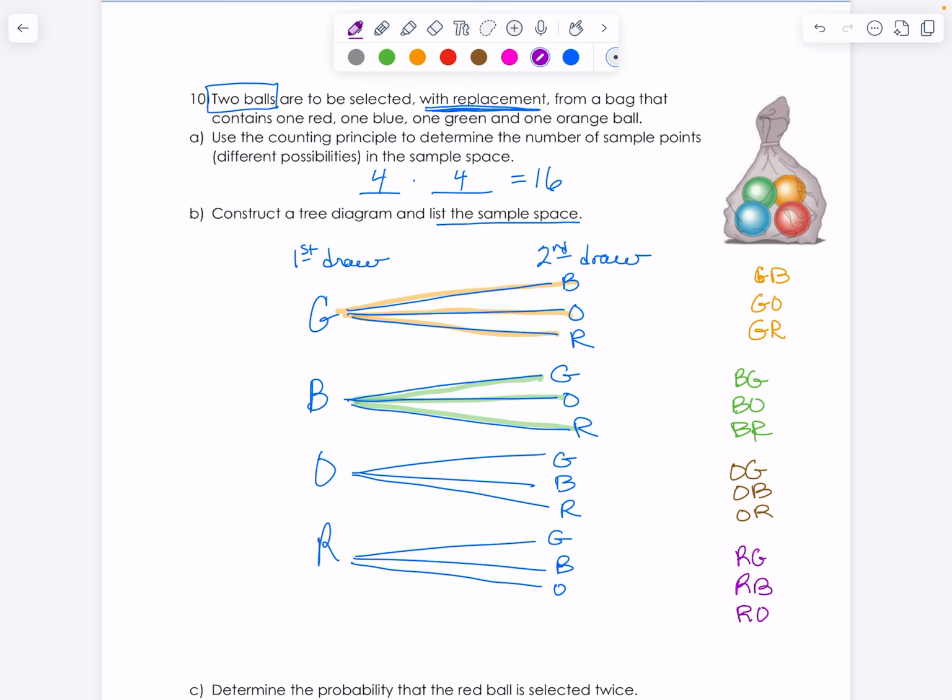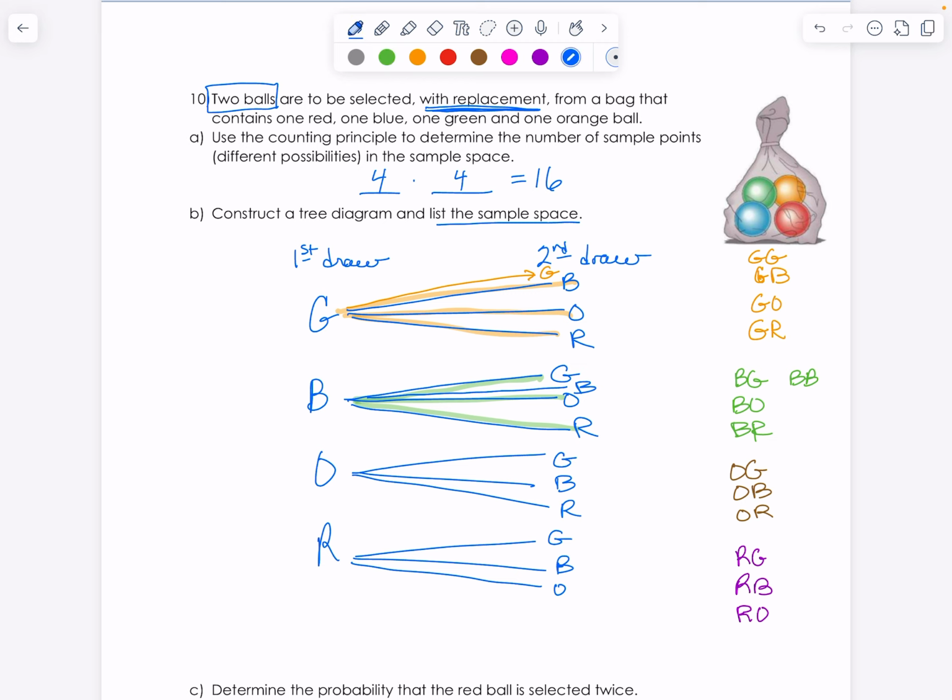You know what I forgot? I'm treating that second draw as if I do not have replacement. So I could have replacement with all of these. So let me go put it back in. I could have a green and another green. Here I could have a blue and blue. I'm forgetting my doubles, right?